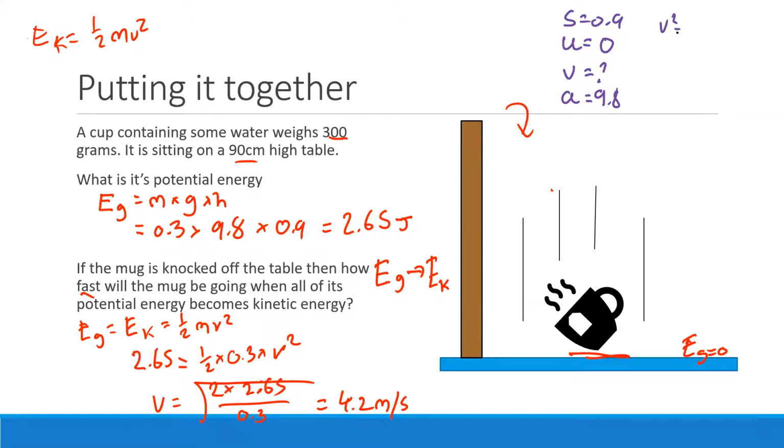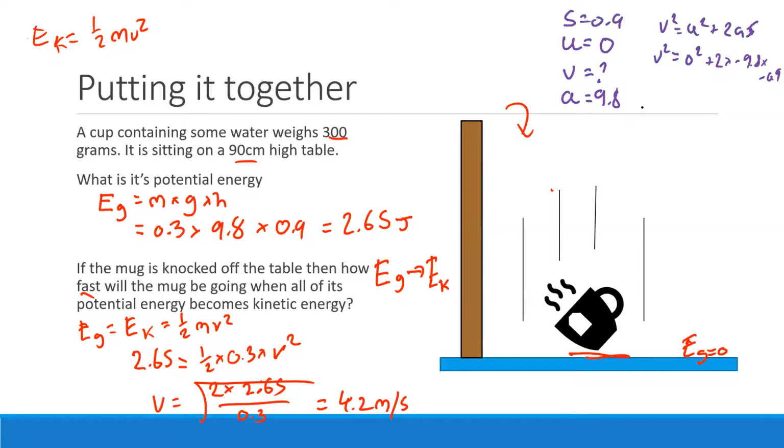V squared equals U squared plus 2AS. V squared is going to equal 0 squared plus 2 times minus 9.8 times minus 0.9.